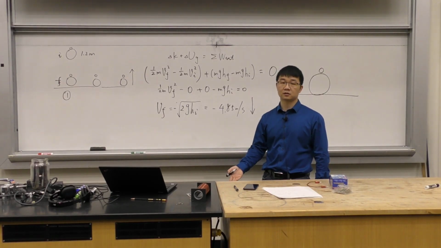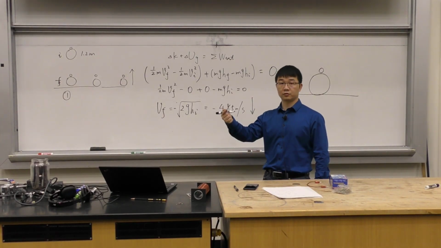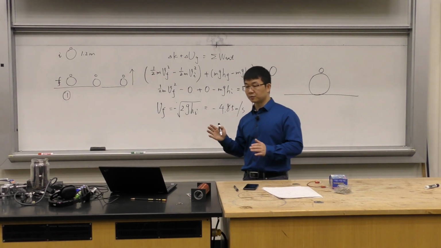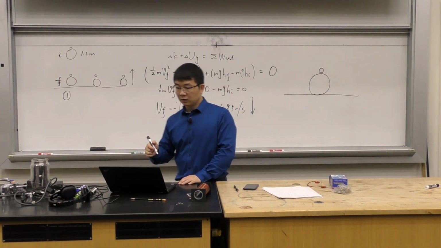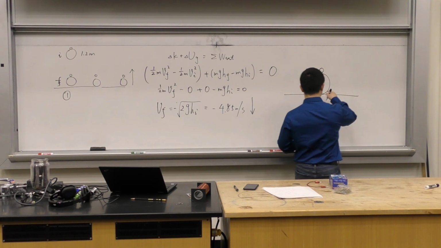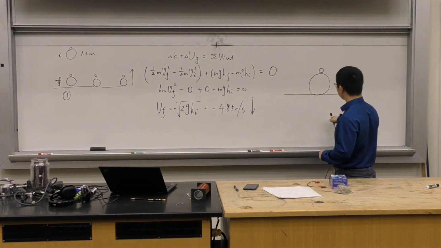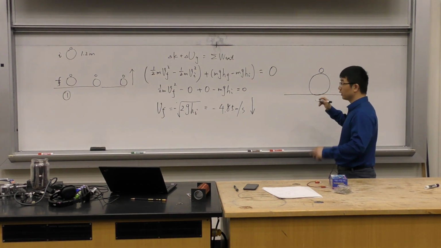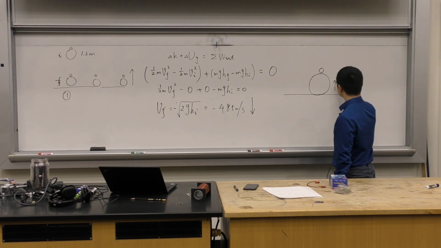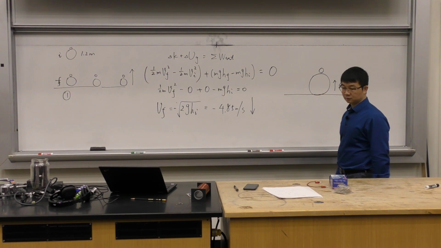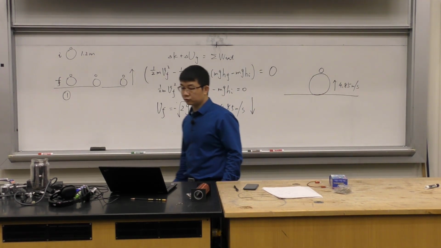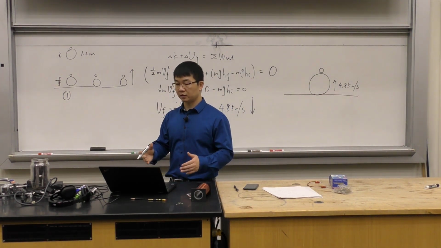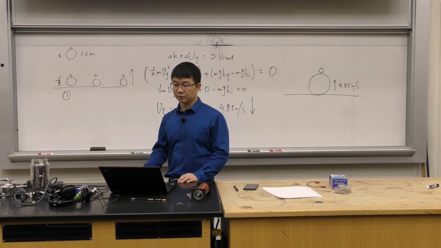That's why it doesn't bounce back to the original height. But for simplicity, let's just assume the basketball first collides with the ground and then reverses direction really quick, but keeps the same velocity. Well, this is not true in real life, but again, we just want to make a prediction and then test the prediction, okay?